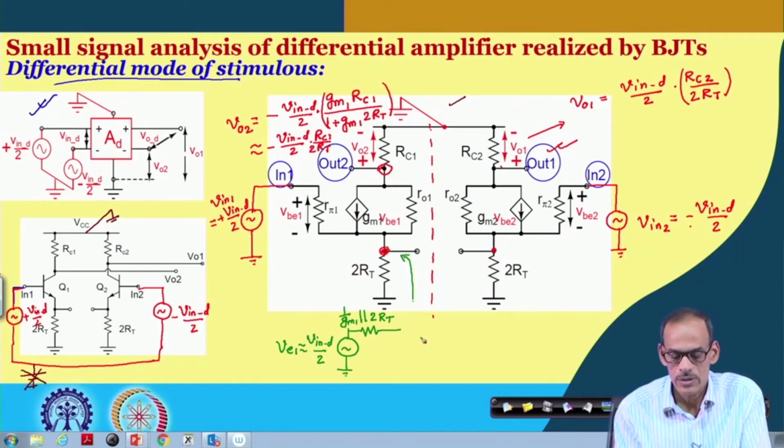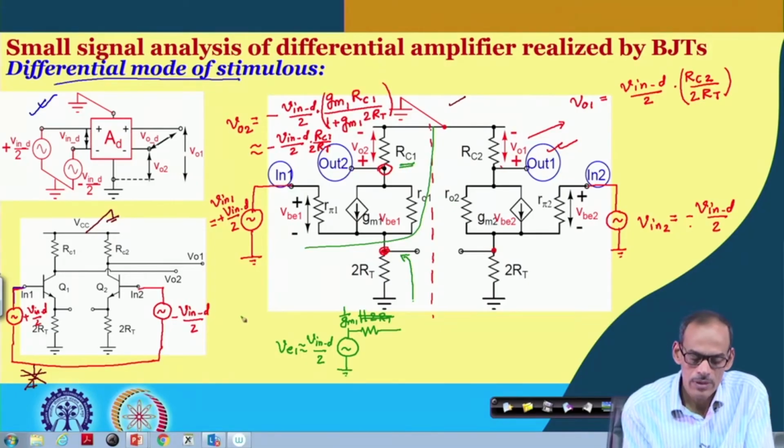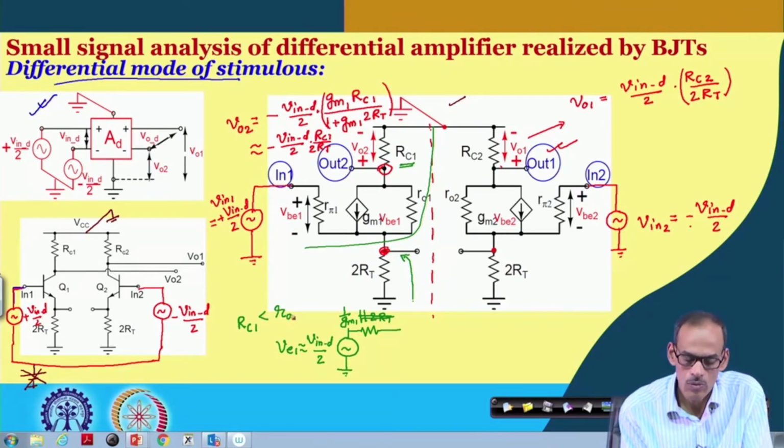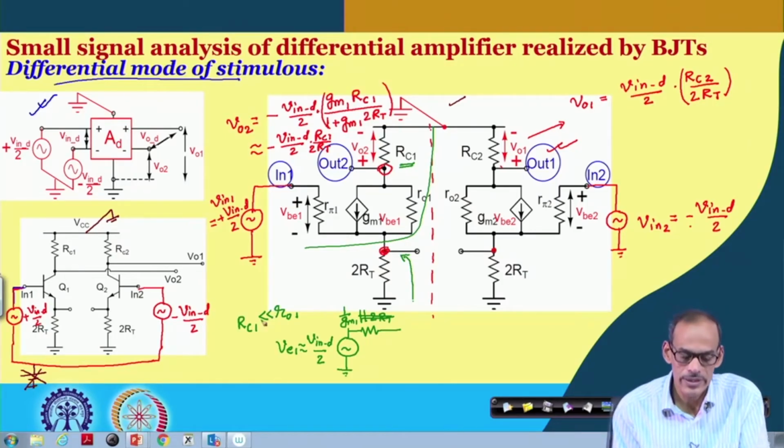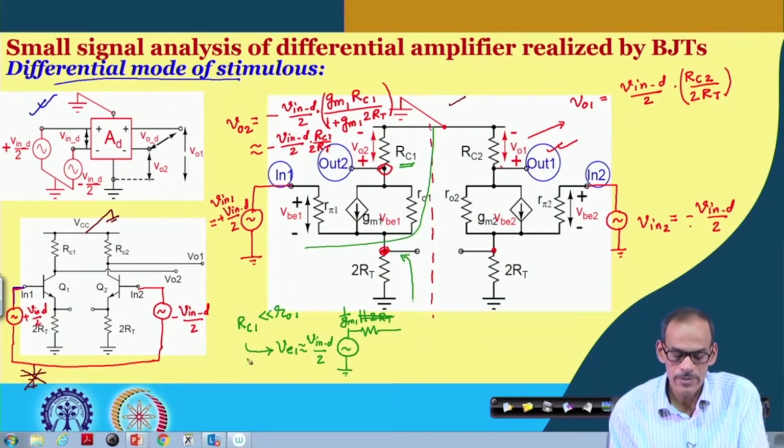In fact, let me go step by step. If I consider only this part, and if this resistance RC1 is much less than RO1, which is typically the case, then we do get this relationship.